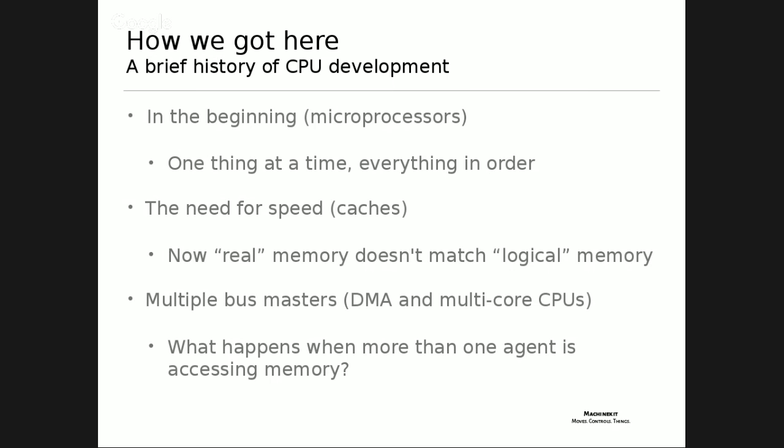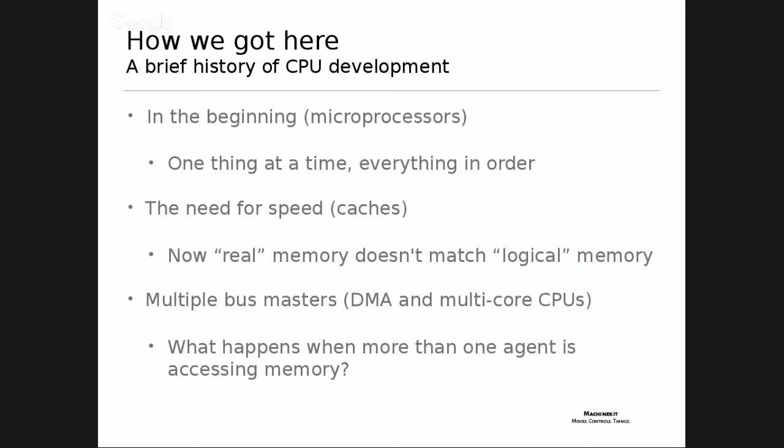Then this all gets dramatically more complicated when we add multiple bus masters. Those can be things like DMA. All of your hard drives and network cards and various other hardware peripherals are now doing DMA for high-speed access, your USB controllers, as well as there are multiple cores, multiple CPUs, all with independent caches.